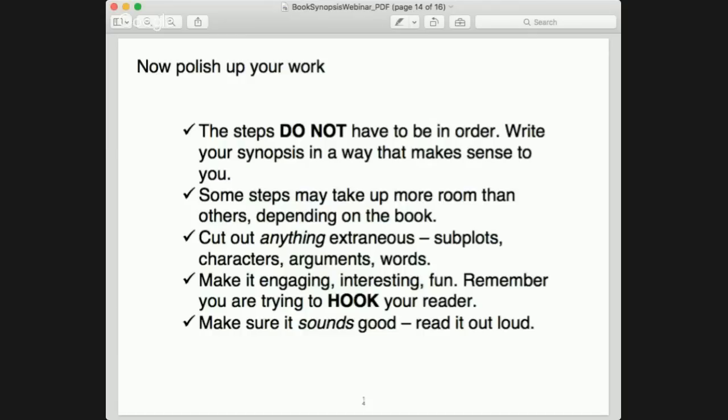So these, again, are guidelines and the common way that things are done, but you want to do things the way that makes sense for your book. The other thing to know is that some of the steps may take up more room than others. You'll see on the samples that sometimes people only spend half a paragraph on one of the steps and they spend 3 or 4 paragraphs on another. That's completely fine. And it's not always the same.